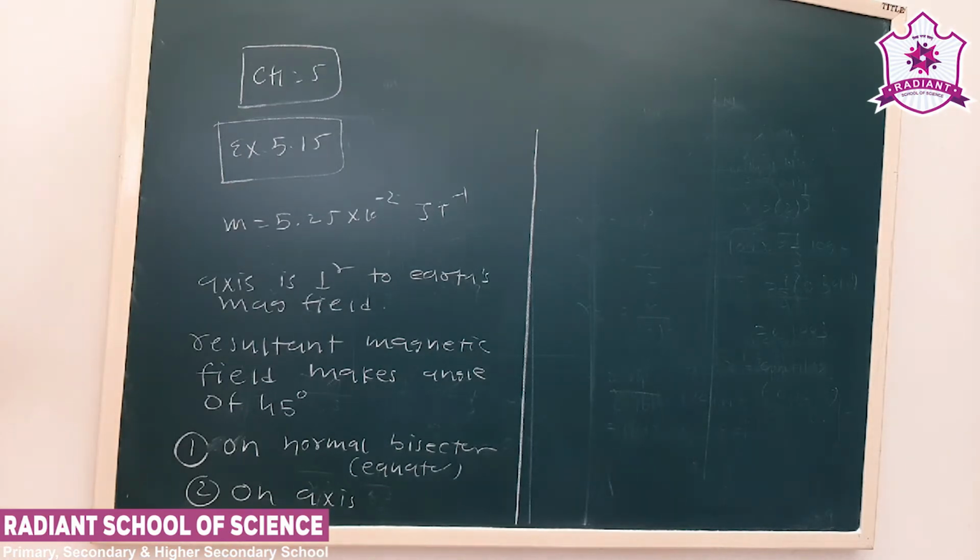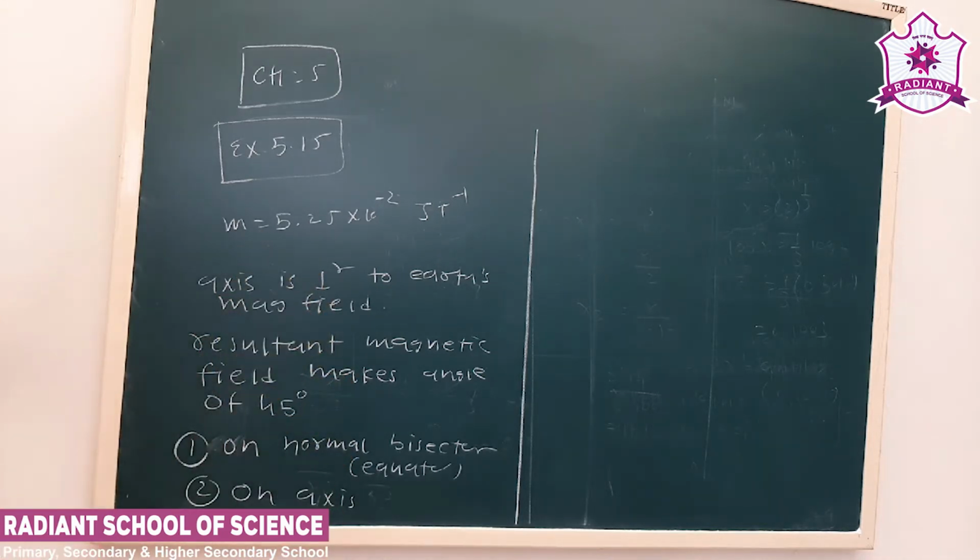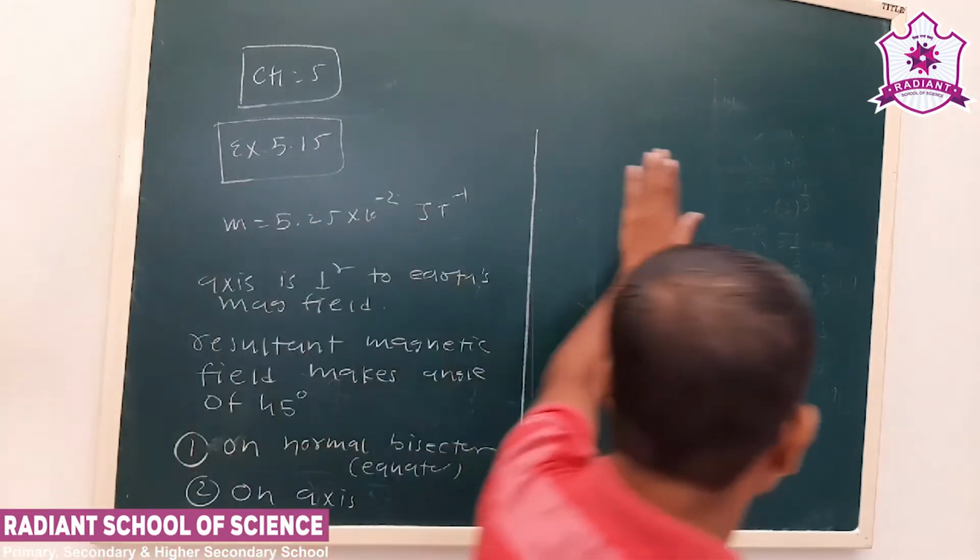Now see here there are two magnetic fields. One, the magnetic field of a bar magnet, and second is the Earth's magnetic field. Now these two will make a resultant magnetic field, that is say BR.